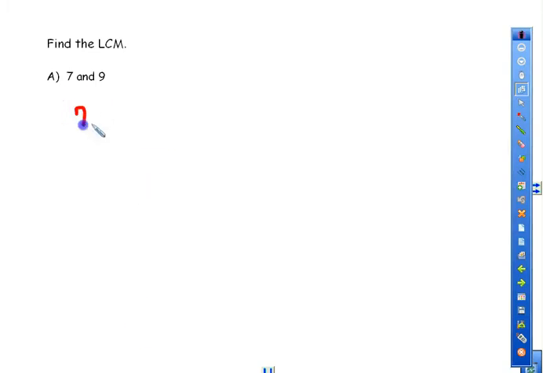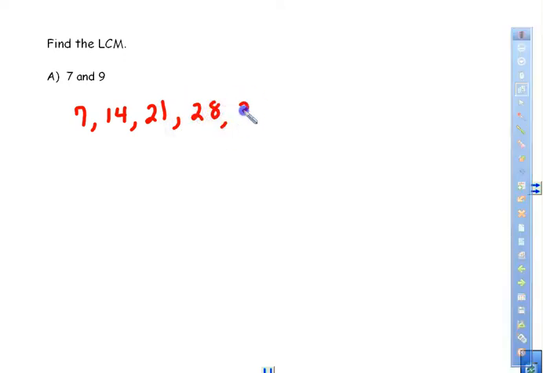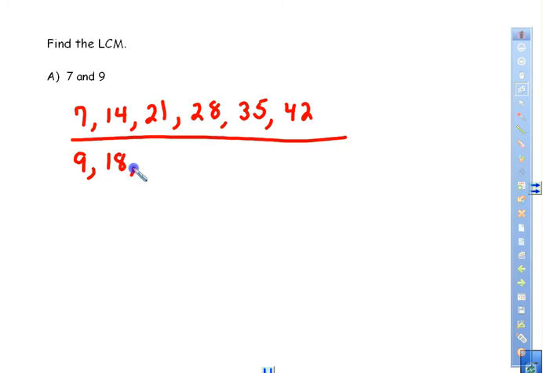So we're going to start with 7s. So 7, 14, 21, 28, 35, 42, and then we will compare here with my 9. So I get 9, 18, 27, 36, 45, 54, and I'm not seeing anything yet, so I'm going to keep going on and continuing with this.